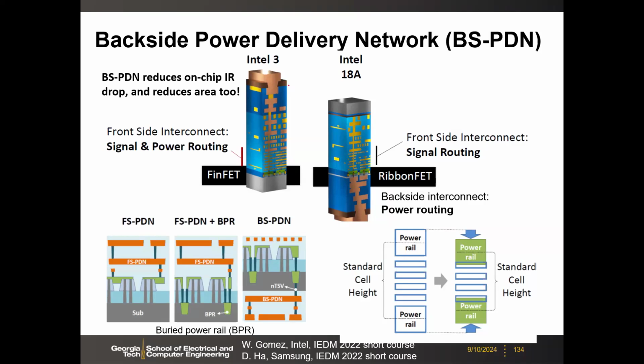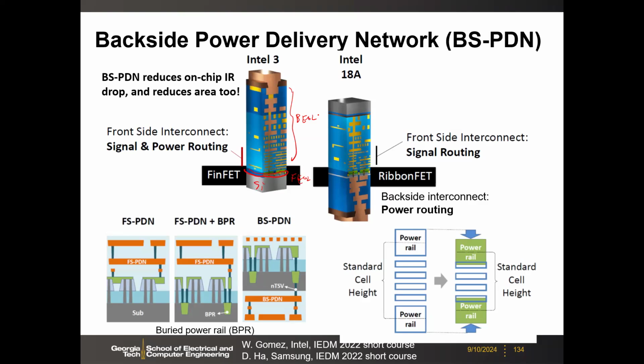If you look at the entire stack of the technology in the front end and back end processes, traditionally you have the silicon substrate, and then your transistor in the very first layer. This is the FEOL, front end process. Then you may have 15 or 16 layers of metal routing. This is called the back end of the line process, BEOL.